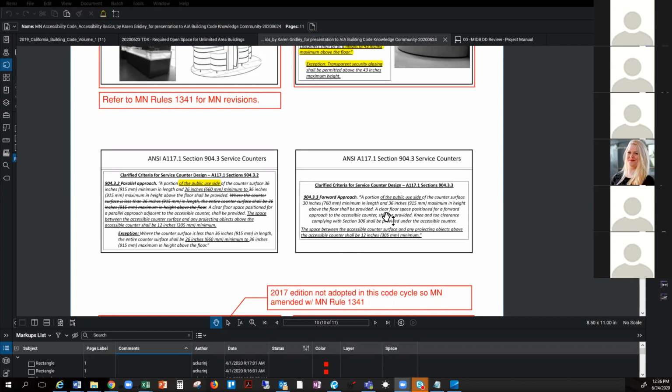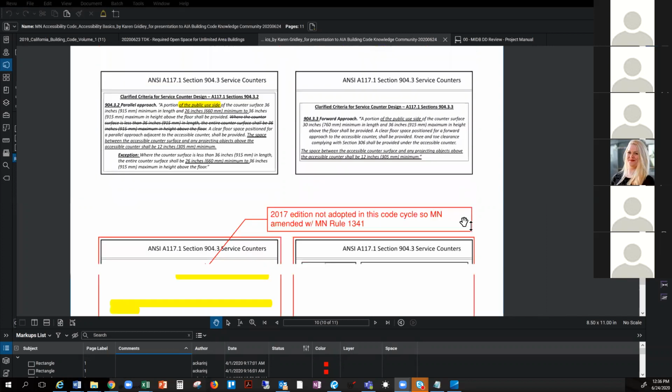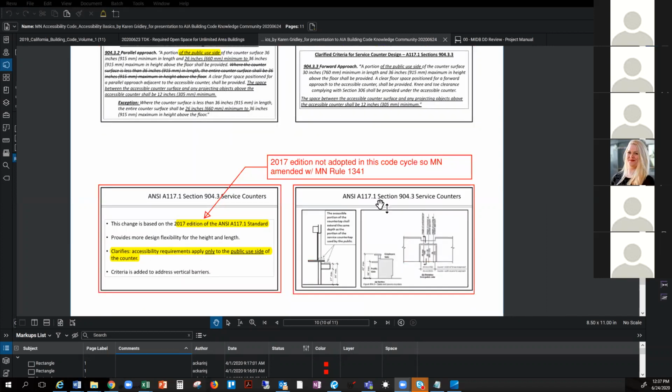And frankly, it's chapter 11 of the IBC. And then of course the ANSI portion of it is the second half of that chapter. I already mentioned this earlier. There is a 2017 version, but we're not taking that on.